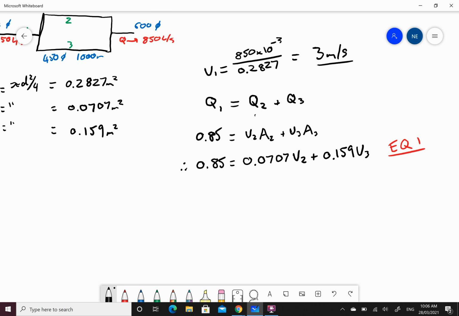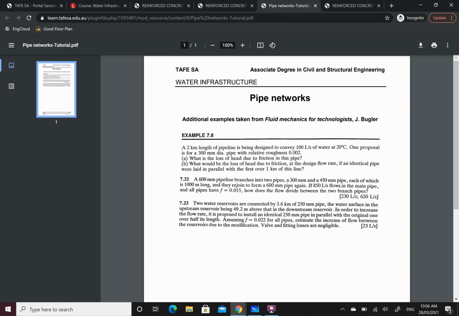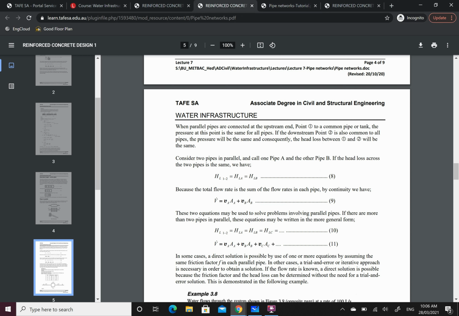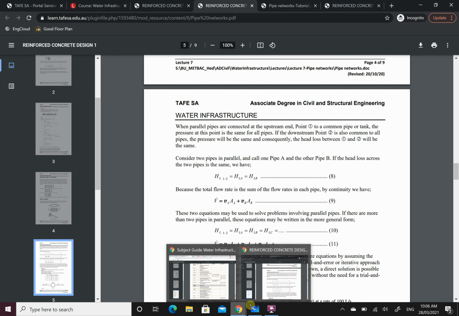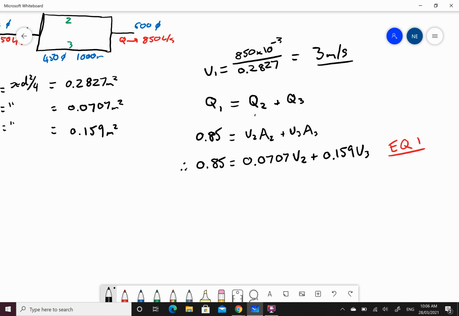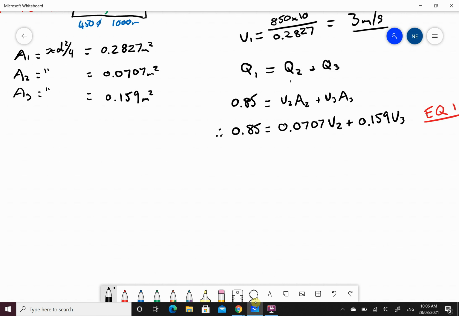Now, what else do I know? Coming back to the formula for pipes in parallel, my head loss in pipe 2 is equal to my head loss in pipe 3. Now, break this formula down again.